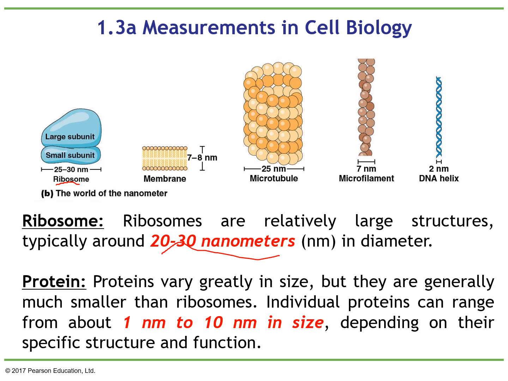They can have slightly different sizes, but they are bigger. Generally the proteins could be from 1 nanometer to 10 nanometers, depending on their function and structure, but generally the proteins would be smaller than the ribosome. Okay, so hopefully that was clear and you're ready for the test.